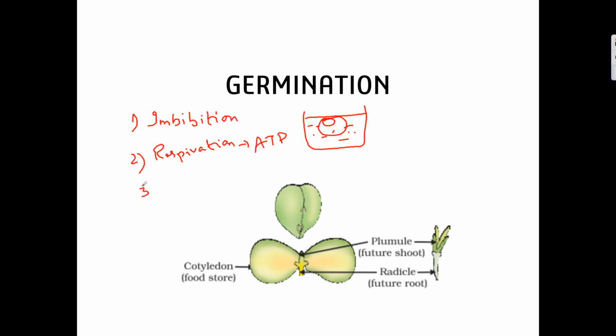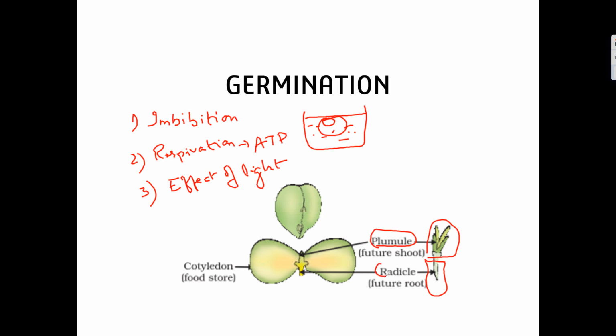Then what happens? Now comes the effect of light. Why is the effect of light important here? Because when the seed is germinating, it produces two structures. You can see here, one is green in color and another one is whitish green in color. The region which is green in color is called the plumule.